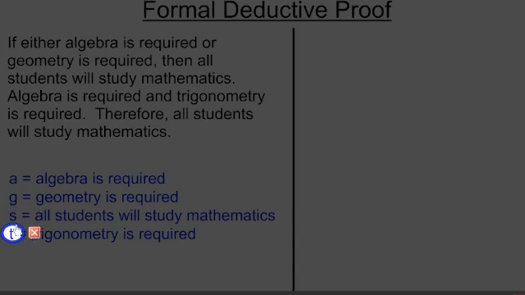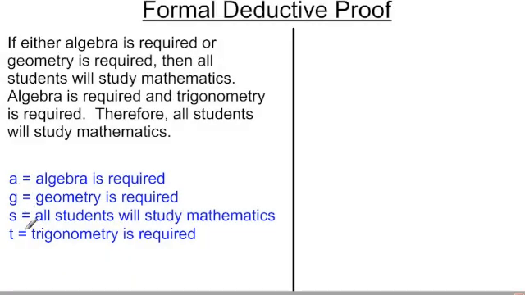And for our fourth term, we'll use T for trigonometry being required. So these are the 4 terms in our argument, and you can see how this doesn't actually work for our Venn diagrams because we have more than 3 terms. And so this is why we resort to our original 9 deductive proof rules.